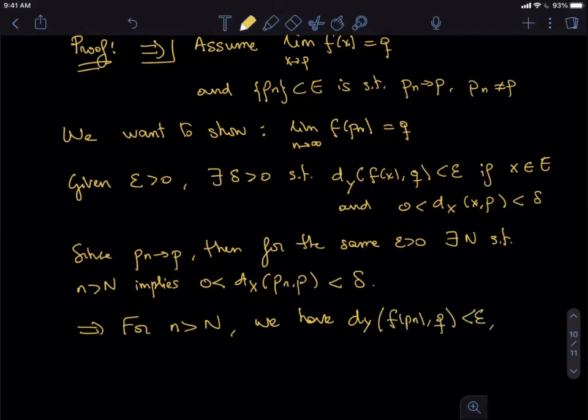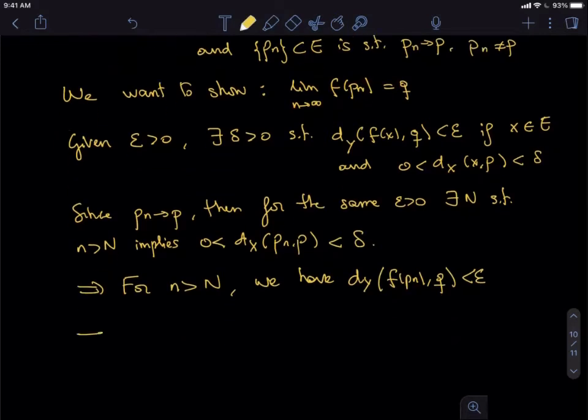And that is what we needed to show that the limit of f(pn) is equal to q. You see here we are basically saying that the distance between f(pn) and q is as small as we want, as long as n is large enough. Okay, so that's half of the proof.